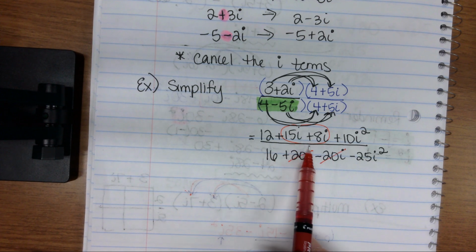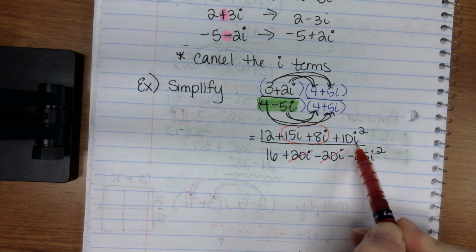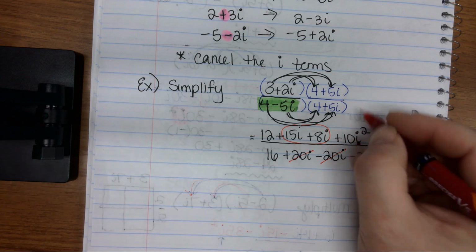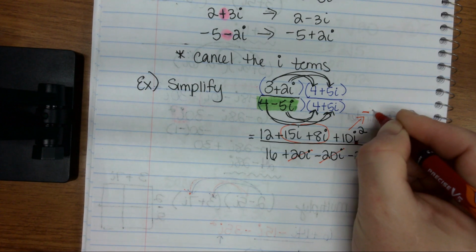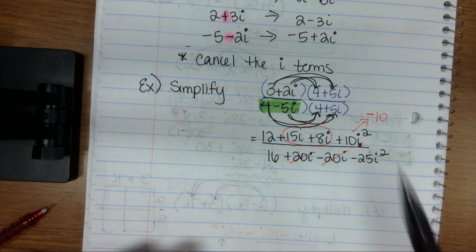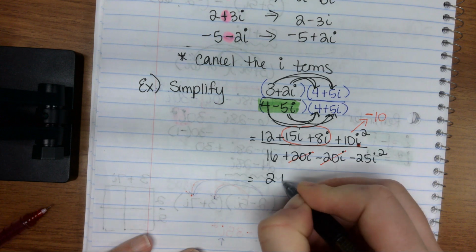What else can we do? i squared is negative 1. So 10 times a negative 1 is going to become a minus 10, right? All right, so what does the top simplify to? Well, I have 12 minus 10, which is 2, and these together become plus 23i.